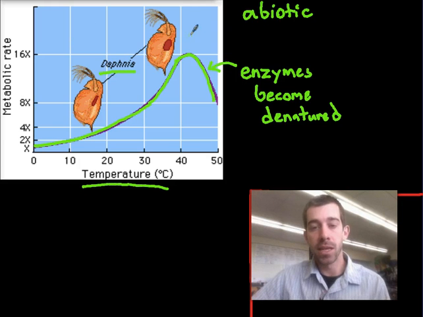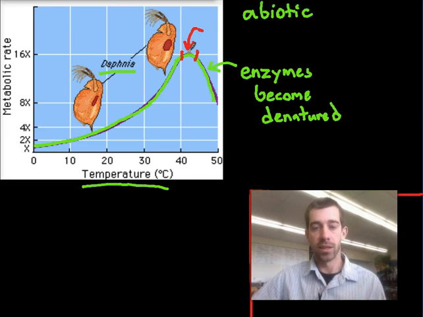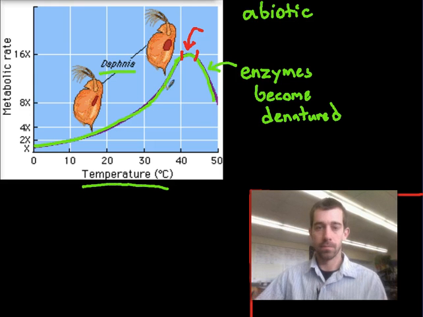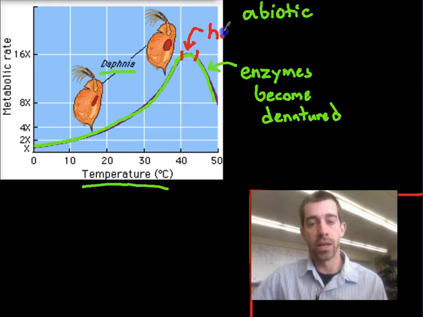Humans make sure that we maintain our body temperature always right at the very peak so that we are constantly as efficient as possible. If we get a little bit warmer than that, bad things happen, we die. If we get a little bit colder than that, bad things happen and we die. So we have this very narrow range of homeostasis.